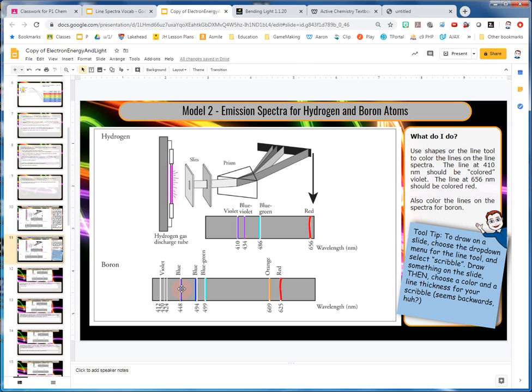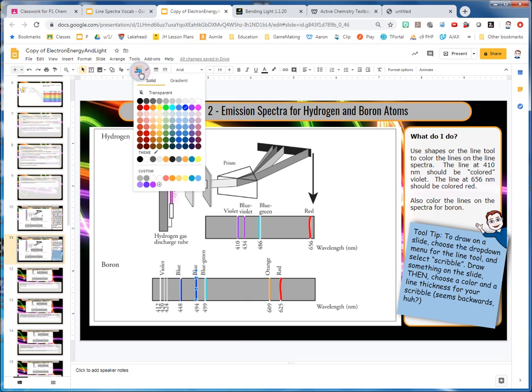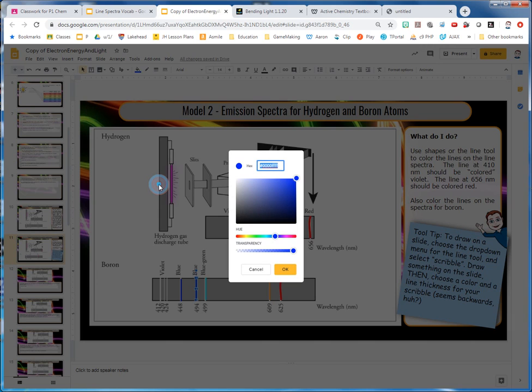Well, this one is going to be more of a red blue, right? So a lower energy. So if we just go to our custom colors again, go to blue. If we just move it a little bit more, oh geez, this is confusing.